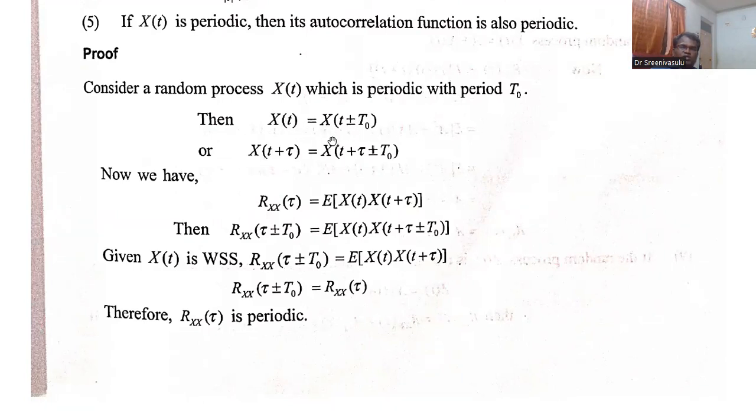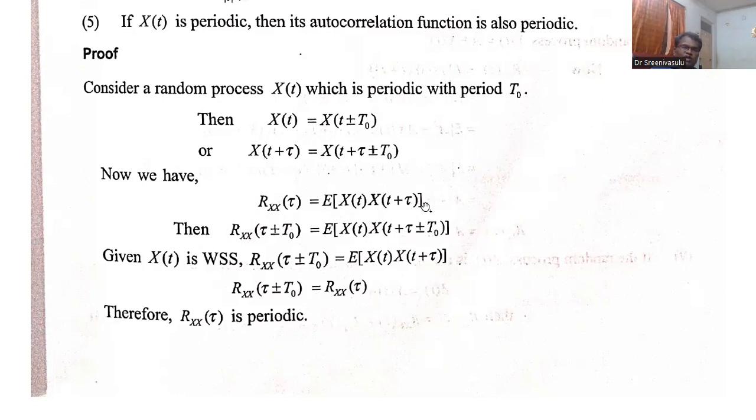In a similar fashion, instead of t, if you write t plus tau, it is another time instant: t plus tau plus or minus t naught. It is the condition for periodicity in a random process, the same as for any signal.